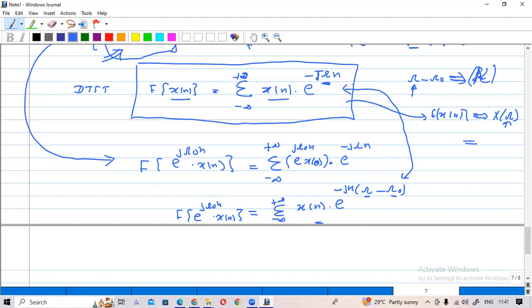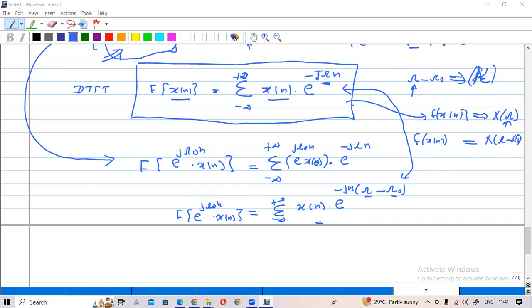That is also a variable. Same. So this omega minus omega naught is identical to this omega. Both are variables. So if you get the Fourier transform of this one, that is not only a variable of omega, that is a variable of omega minus omega naught. No? Okay.